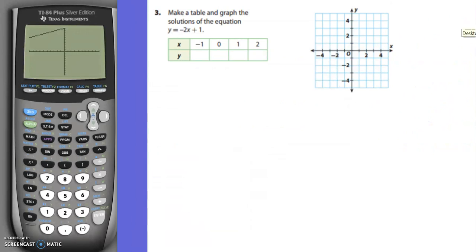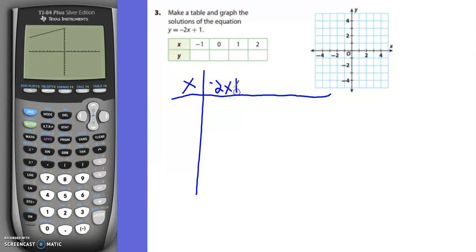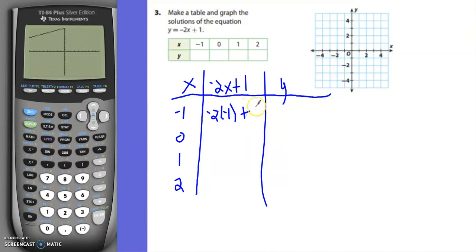Make a table and graph the solutions of the equation. So we have our input-output table, negative 2x plus 1. So we have negative 1, 0, 1, and 2. Negative 2 times negative 1 is 2. 2 plus 1 is 3.